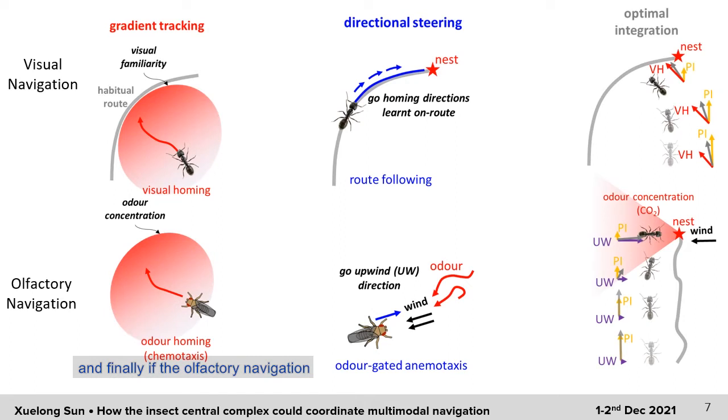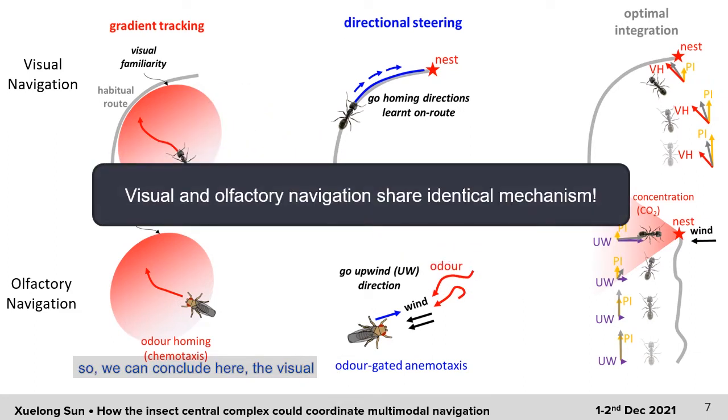And finally, if olfactory navigation could be encoded in the same format as visual homing, then our previously applied ring attractor could also be used here to combine path integration and olfactory navigation optimally. So we can conclude that visual and olfactory navigation share the same mechanism.